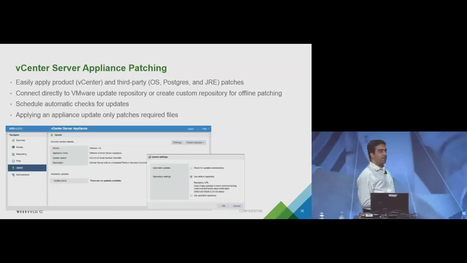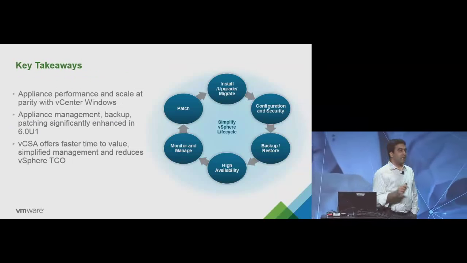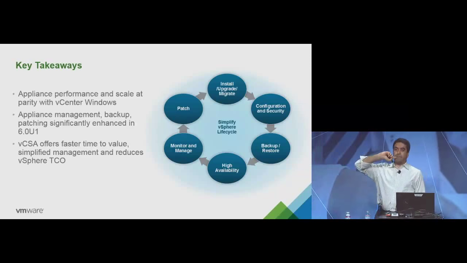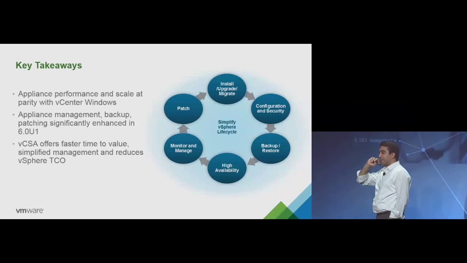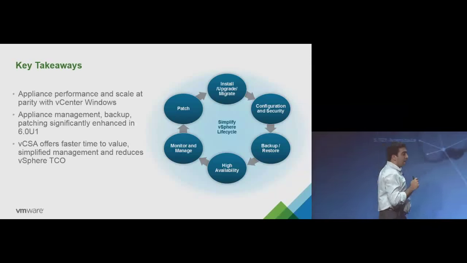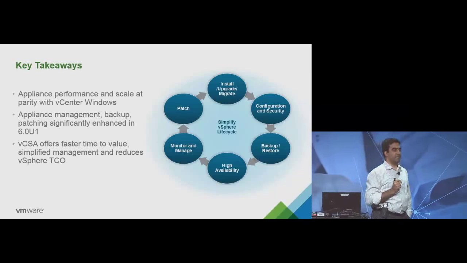Out of the features I talked about, I'm going to take just a poll on what you think about these. On install, upgrade, or migration tool, how many of you think the migration tool is critical to moving to the appliance? How many of you think backup is really critical?